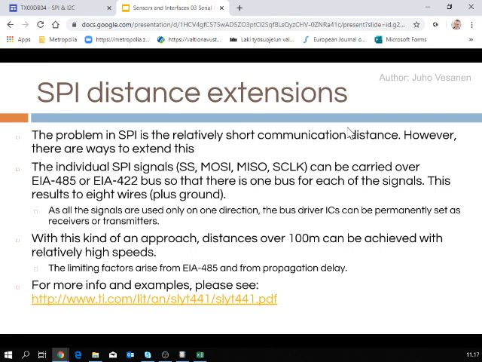Matched pair lines, impedance matched lines, and distances of 100 meters or more are easy. You just need to make sure that you don't get much reflection or too much attenuation on the line, meaning good impedance matching.